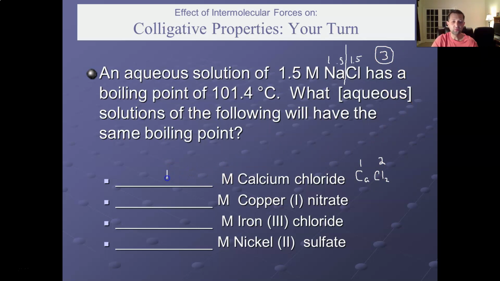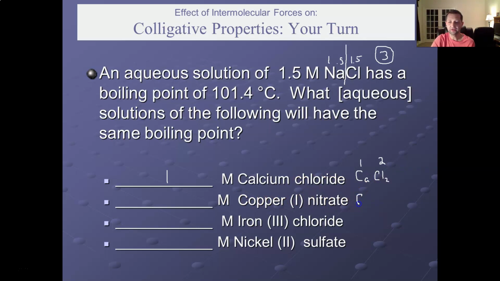Well, if we have a 1 molar solution, I'm going to have 1 molar calcium and 2 molar chloride, to give me 3. So that's what I need for the calcium chloride. 1 molar calcium chloride would dissociate into 1 mole of calcium and 2 moles of chloride, giving me 3 moles of dissolved particles.